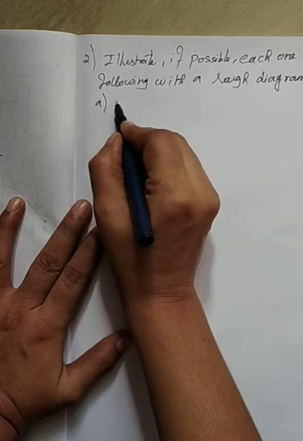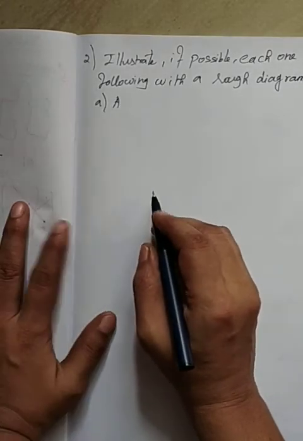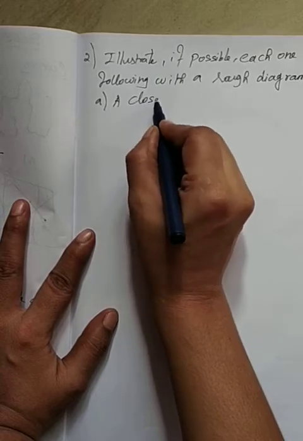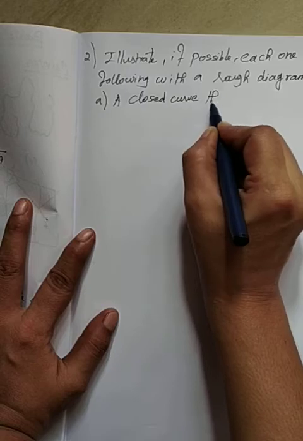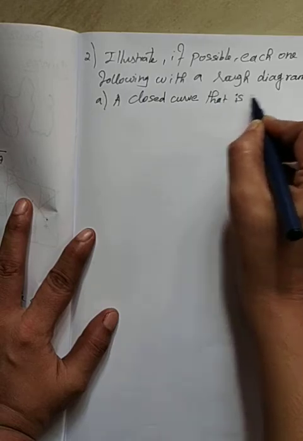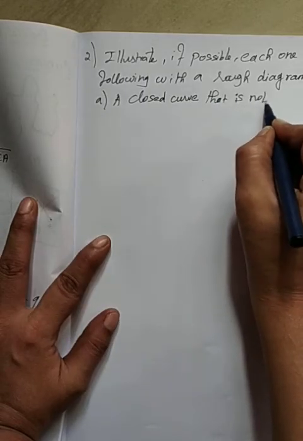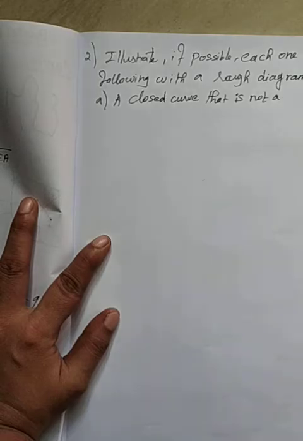The first one, a closed curve that is not a polygon.